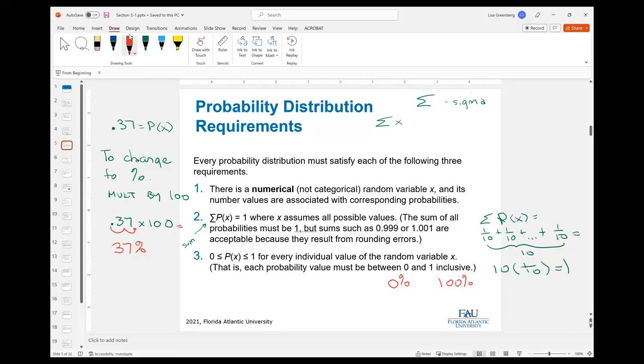If I have 1 coin with heads on both sides, what's the probability of getting heads? 1. What's the percentage? 100%, right? Because both sides have heads. So everything between 0 and 1 is really the same thing as between 0 and 100%.